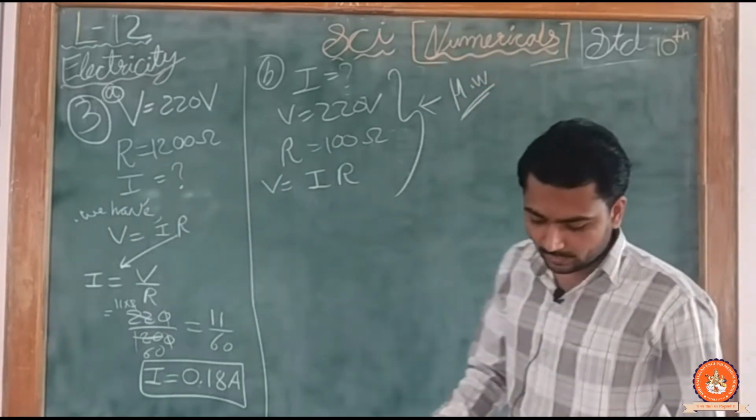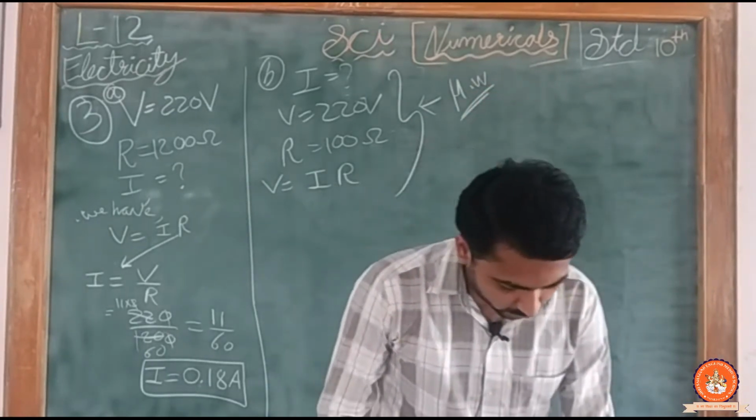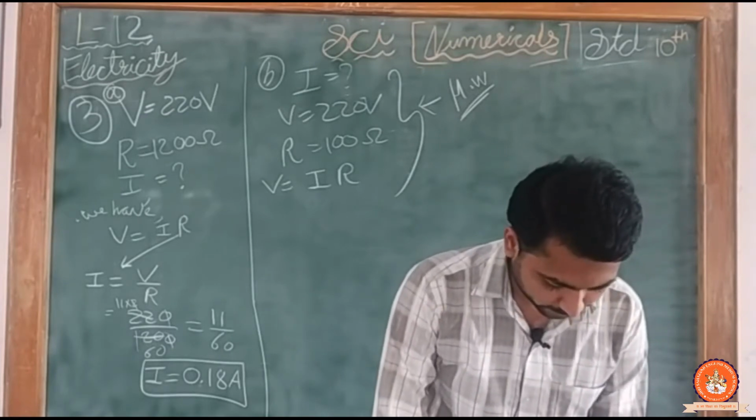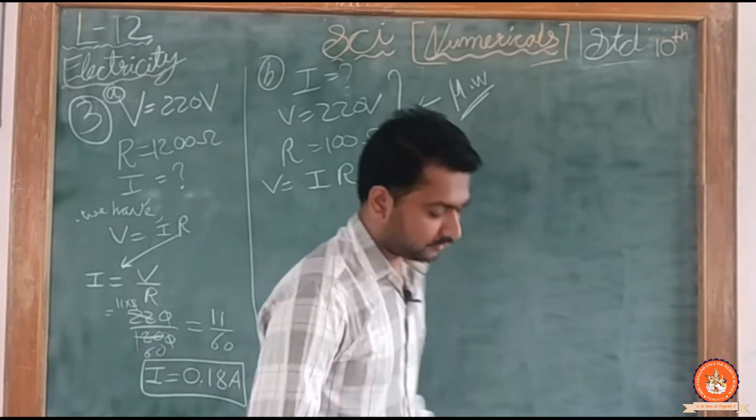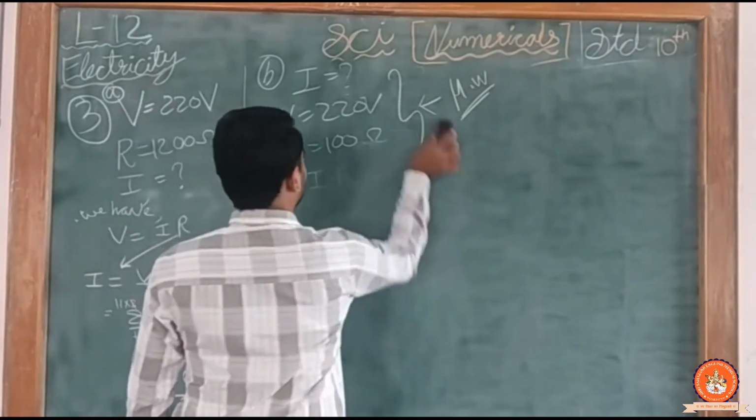Okay? Now moving on to question number 4. What is question number 4 they are asking us? It is the question from the book, so I can rub this one.